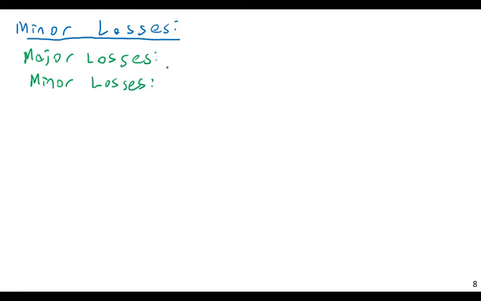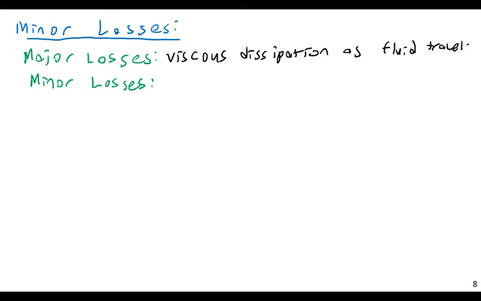Major losses can be defined as the viscous dissipation of energy as fluid travels through a long straight pipe.